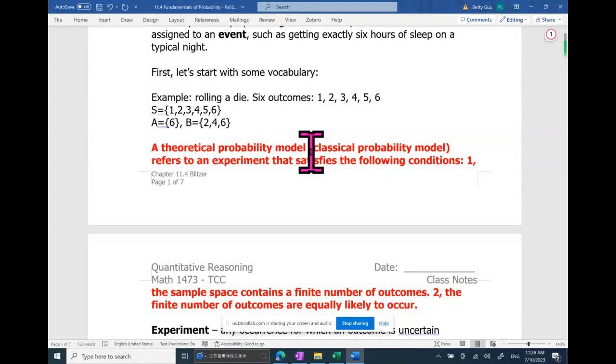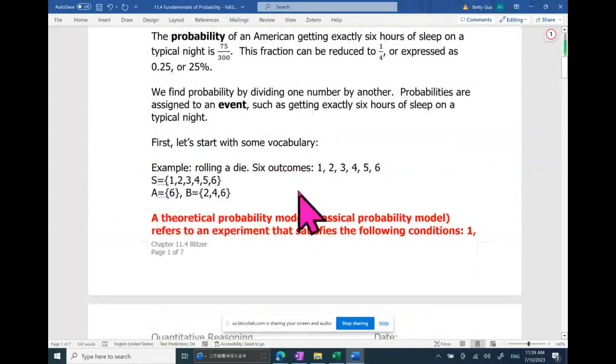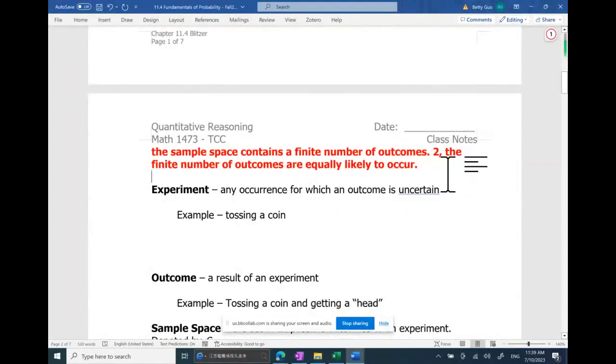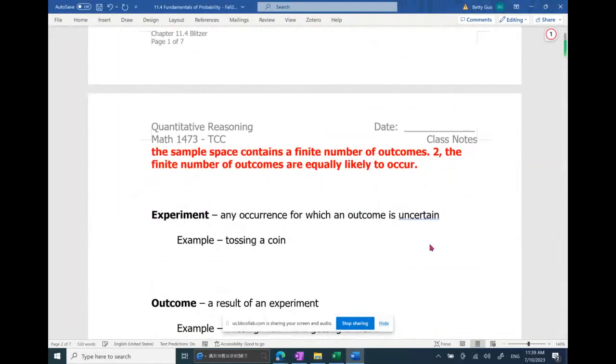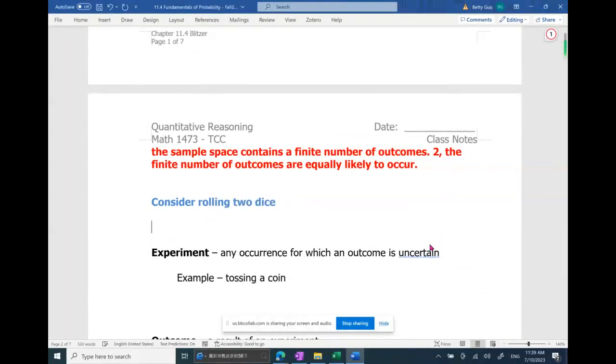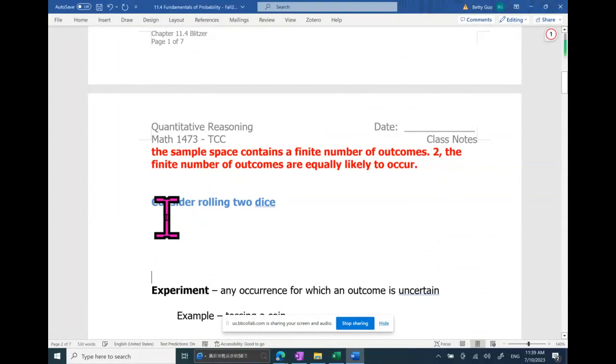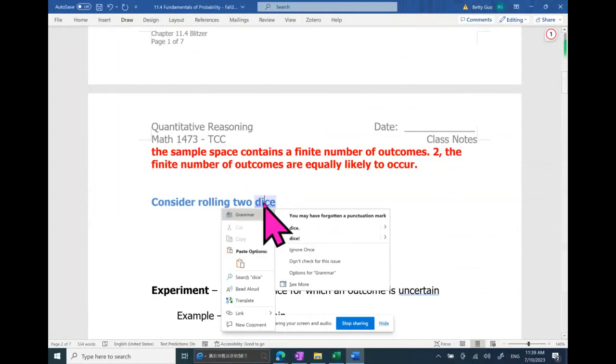Classical model. Do we have any other examples? For example, if we consider rolling two dice, we can consider a red die and a green die, or die number 1 and die number 2. Is the plural also die?